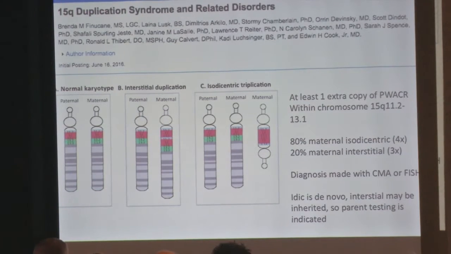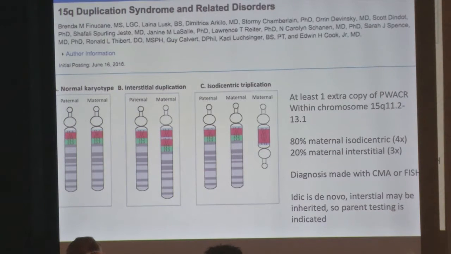The diagnosis, though, is usually made with microarray or FISH, and now, and we'll talk about this more tomorrow, with genetic testing being really the gold standard for any child with a neurodevelopmental disorder, microarrays and then whole exome are being done routinely on children with developmental delay. And so what's happening with that is we're seeing a larger number of children being diagnosed with genetic variants, including Dup15, often even now before the emergence of a lot of the symptoms that we'll talk about, like epilepsy or even autism.